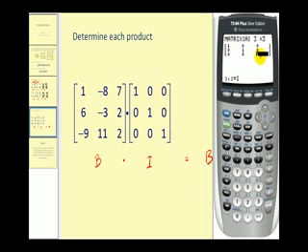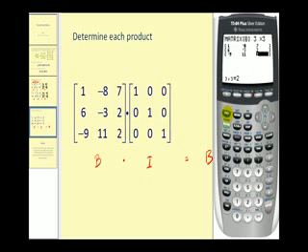There's the identity matrix, and now let's go ahead and enter in matrix B. Second matrix, go over to edit, scroll to B, press enter. This is a 3 by 3. We'll go ahead and enter in these elements here. And there it is.